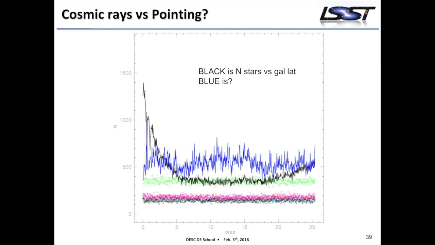And what I want you to look at is the cosmic rays are the dots down here. And the colors are the filter colors, so the red, the green filter. Whenever Sloan looked at the sky with the green filter, it got hit by twice as many cosmic rays. The blue is galaxies.